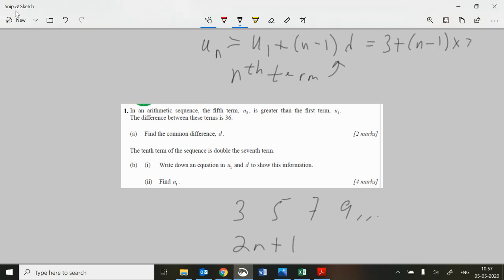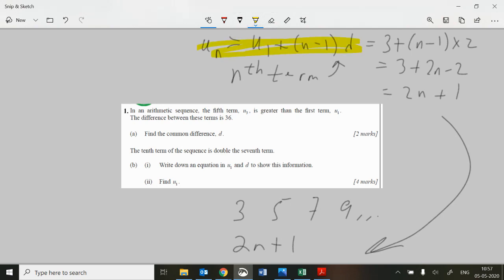So we'd put times 2 on the end. And that would equal 3 plus 2n minus 2 if we multiply that out. And then if we simplify that, we get 2n plus 1, which is the same thing. So this is the same as doing your normal nth term for a sequence.